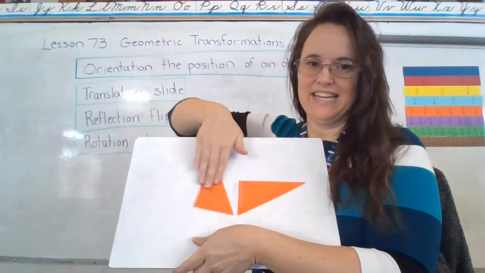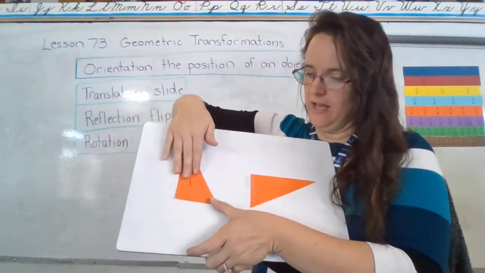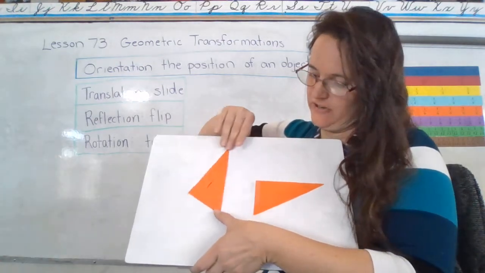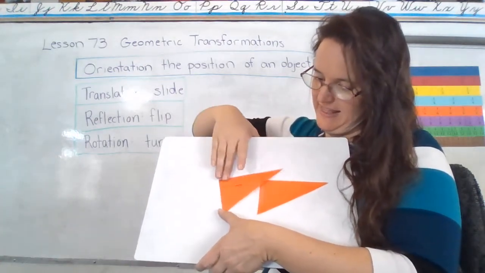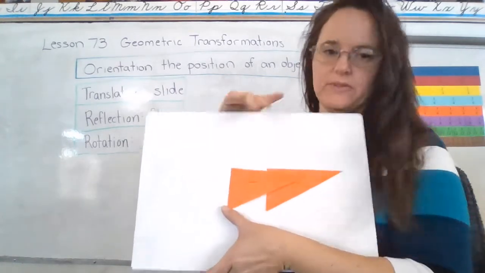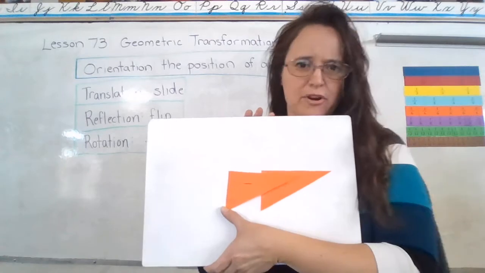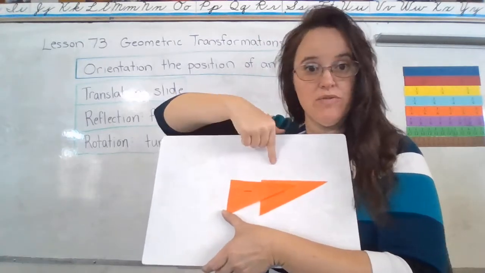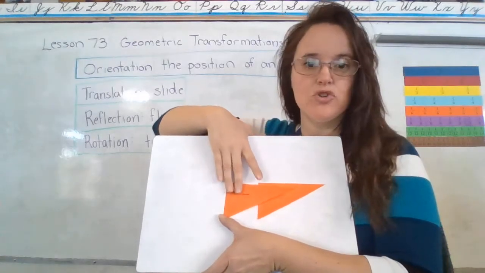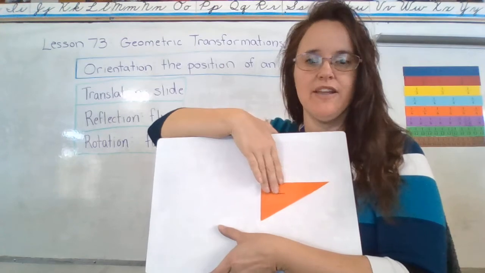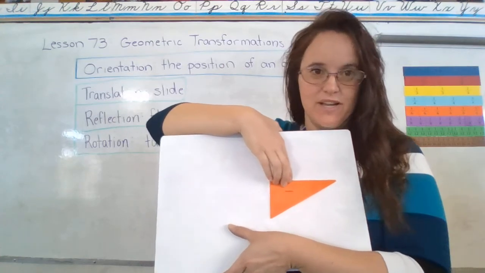If I just slide it, that's not going to do much. I think I need to rotate it. I think I need to turn it like that. So now I'm close. I've performed a rotation, but are they perfectly lined up? So in addition to rotating, now I have to translate.